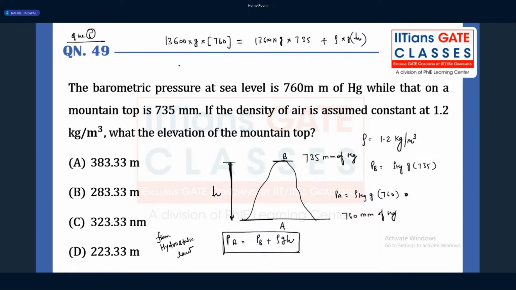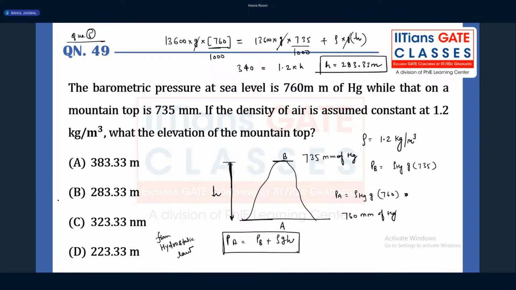So we can cancel G from both sides and do the balancing here. 760 mm, but if we convert to meter, I need to divide by 1000. So (760 minus 735) into 13,600 divided by 1000, I'm going to get 340, equals 1.2 times H. So from here, H is 283.33 meter.